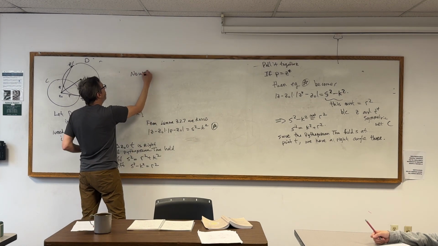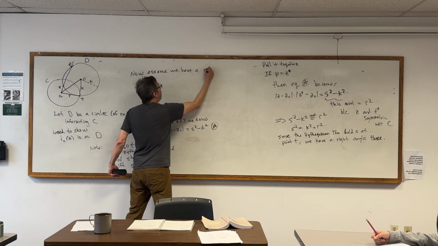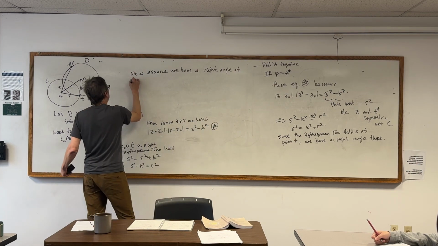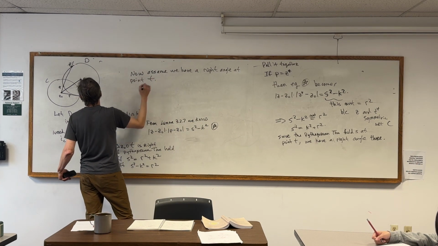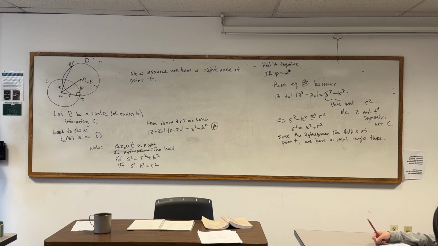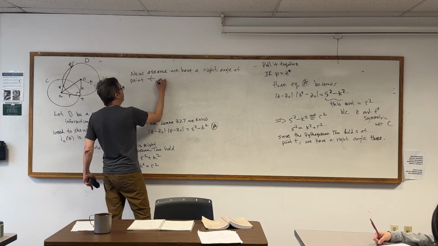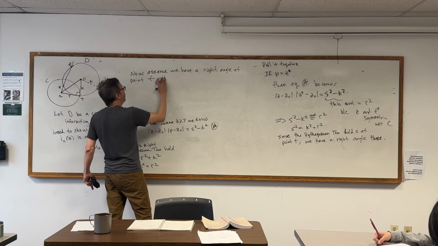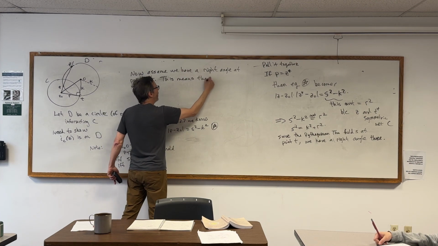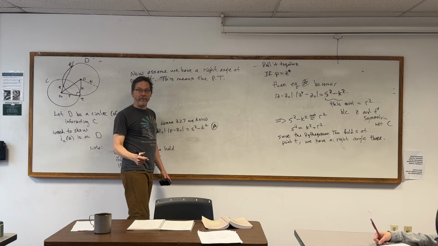So now assume we have a right angle at point T. So I got a good old right angle here. That means the Pythagorean theorem holds. We already talked about that. So thus, the Pythagorean theorem, let's just call it the PT, because I got a feeling we're going to use it a lot the rest of the semester.